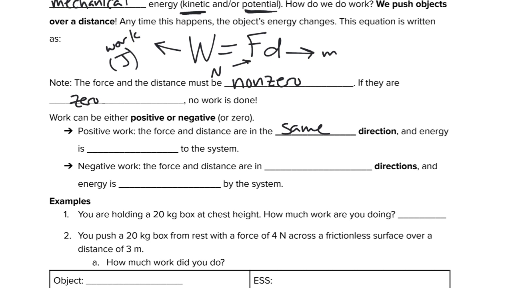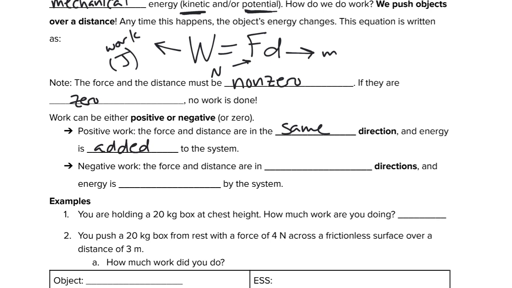But imagine, if you will, an object that's moving to the right. If you want that object to speed up, you have to push it to the right. So if you want to do positive work and give it extra energy, you need to push it to the right, which is in the same direction that it's going. And what that's going to do is add energy to the system. So the grammar here is energy is added to that system.